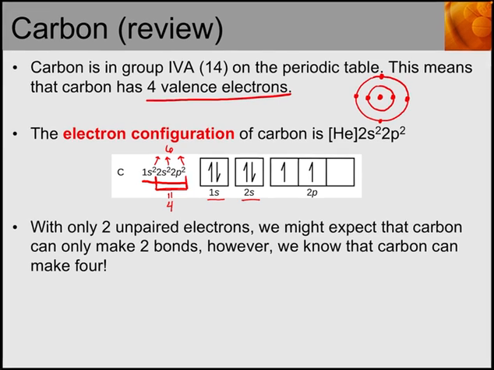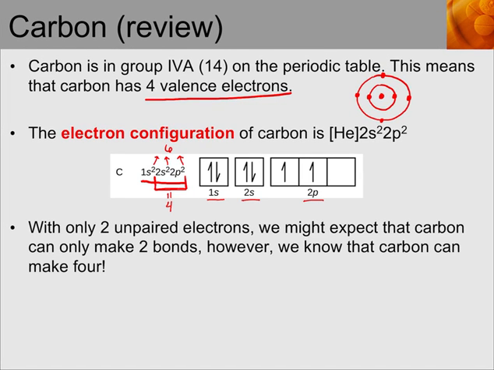Then when we get to the 2p sublevel, we have 3 p orbitals. So the last 2 electrons are going to take advantage of that and go into separate orbitals so they can be further apart from each other. Because electrons, they would prefer to be by themselves. Otherwise, they repel from each other. So notice that we only have 2 unpaired electrons.